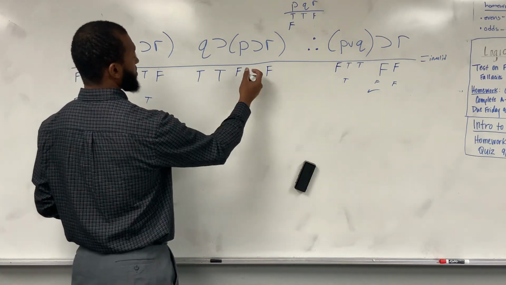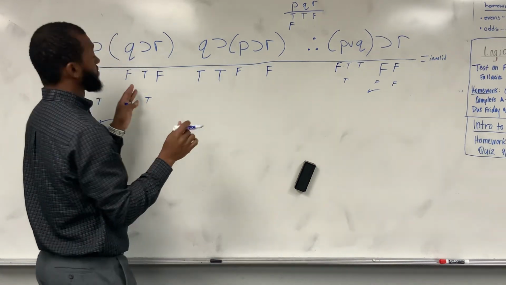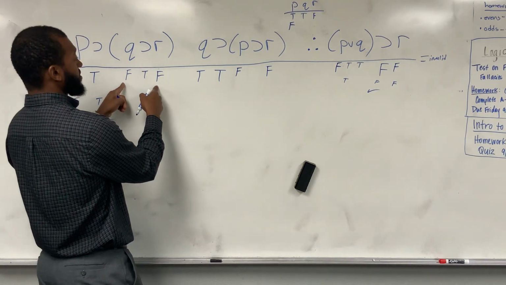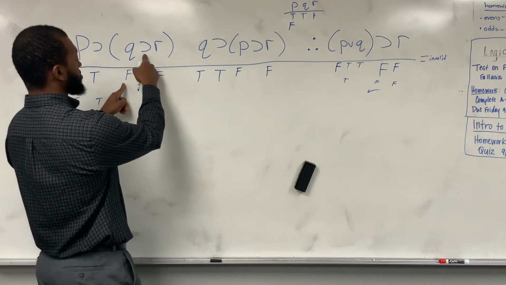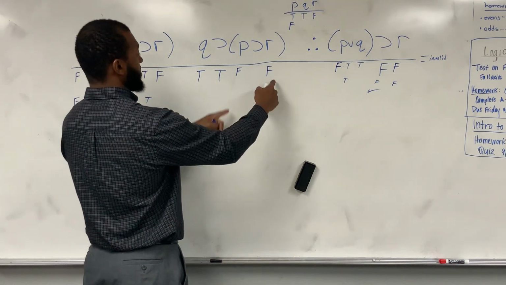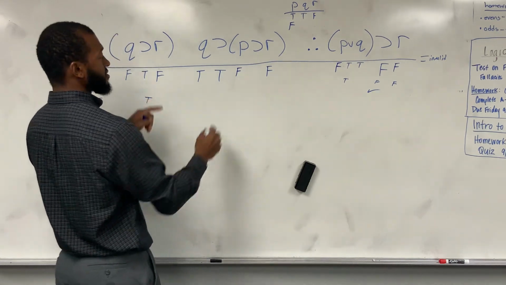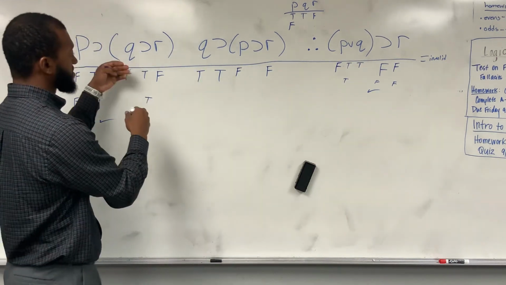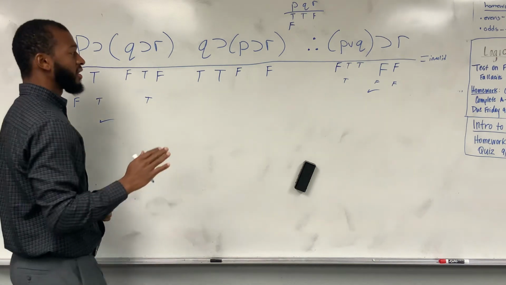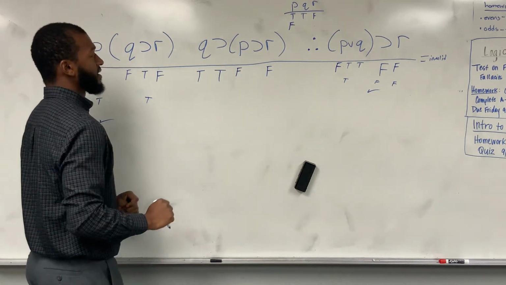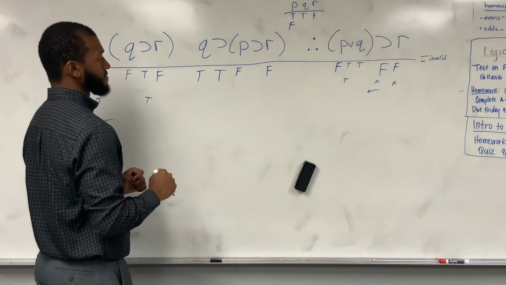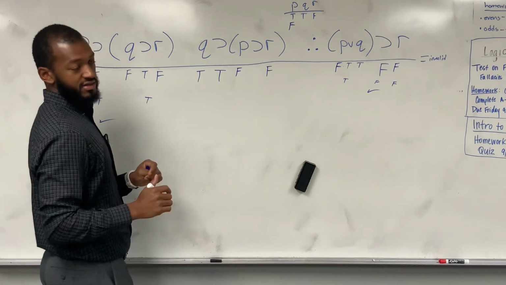Let's work here. And remember, these are both the same situation. Conditional has two F's, and I came up with the true. If you don't see that similarity, that's okay. All you do is just focus in right here and find your true false value.